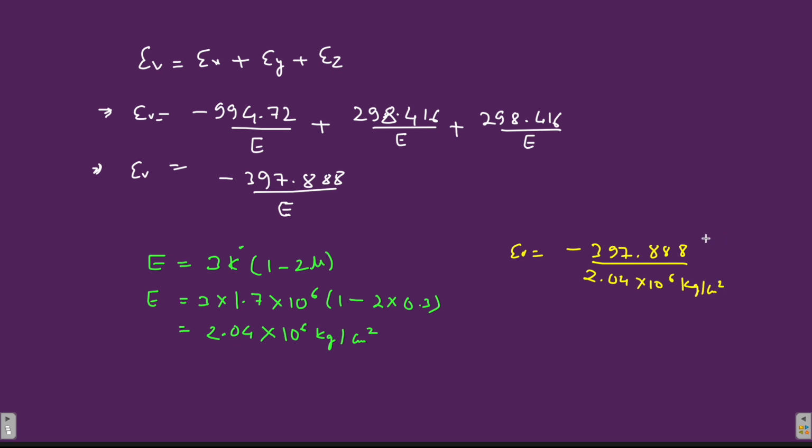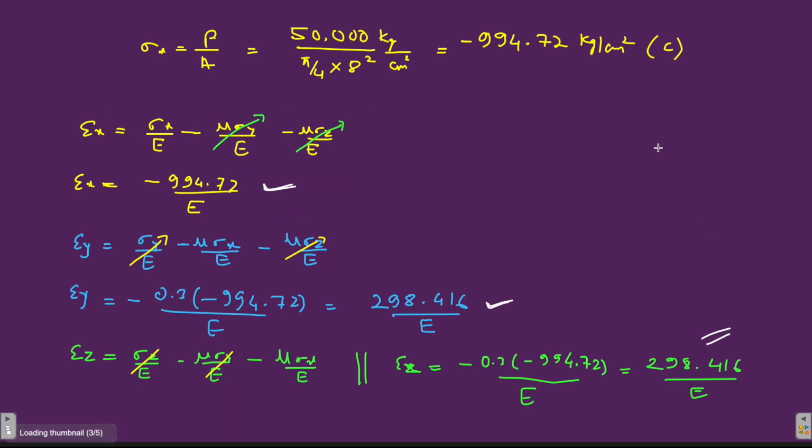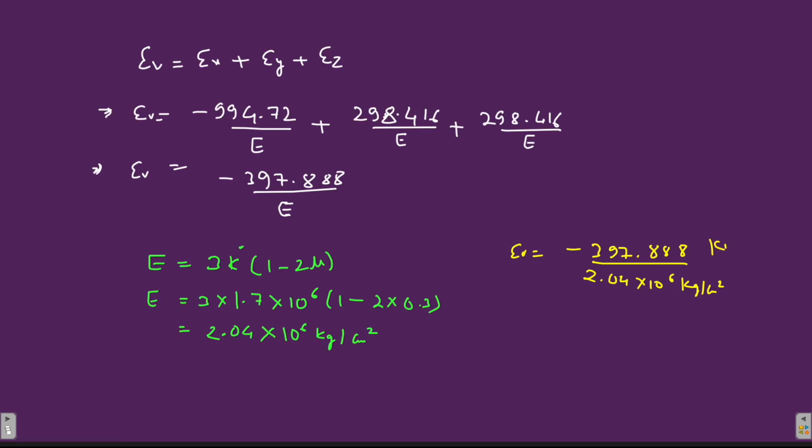Here also, in the numerator we have put the value in kg per centimeter square. The stresses were in kg per centimeter square only. So it is very important to check the units. This and this will cancel out, and you will be left with a numerical value.